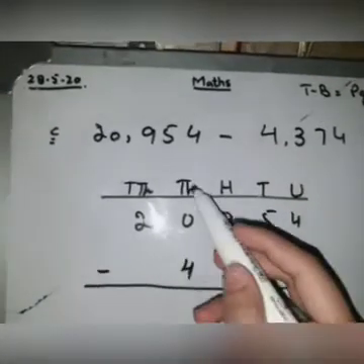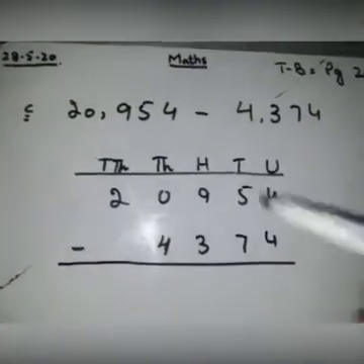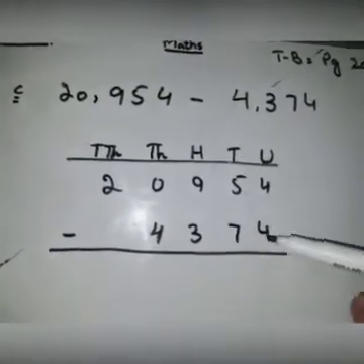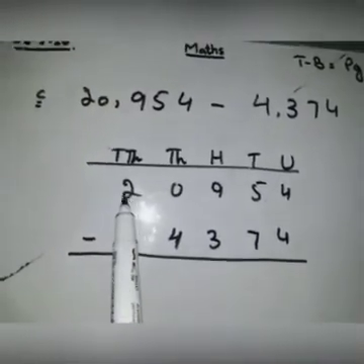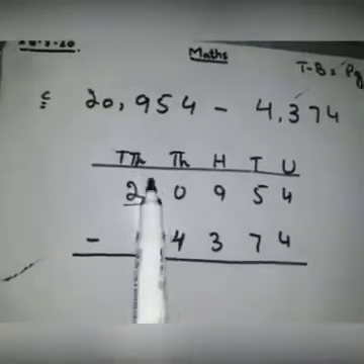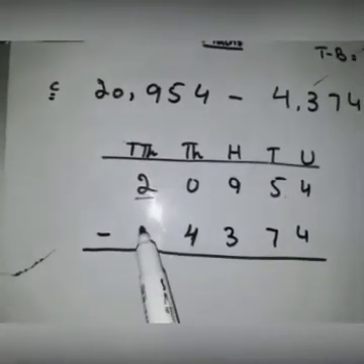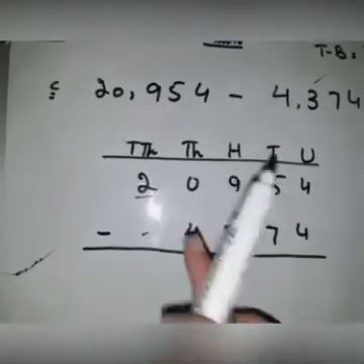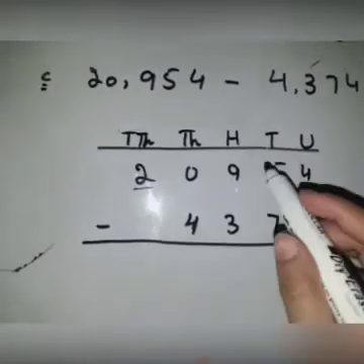So 4,000, it means we will write this 4 at the place of 1,000, 3 in the place of 100, 7 in the place of tens and 4 in the place of unit. Now you can see that this 2 was at the place of 10,000. There is no number in the other value, so the place is empty, or we will write nothing here. Now we will subtract this value from this value.